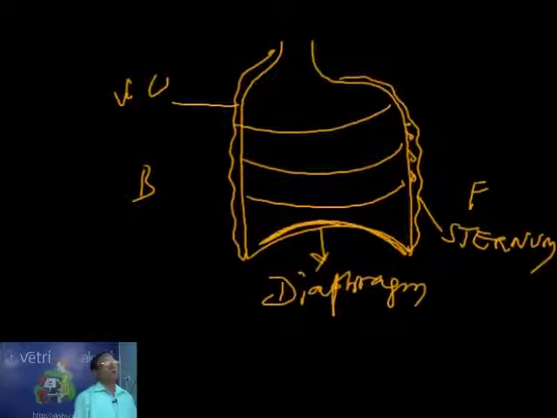So the thoracic chamber, or thoracic cavity, is an airtight chamber. Anatomically, it has the sternum at the front, the vertebral column at the back, a dome-shaped diaphragm made up of muscles at the lower side, and the ribs arranged laterally. So lateral ribs, dorsally the vertebral column, ventrally the sternum, and at the lower end the dome-shaped diaphragm.